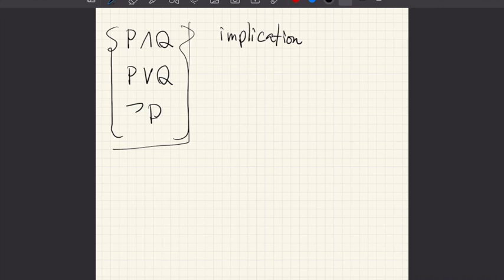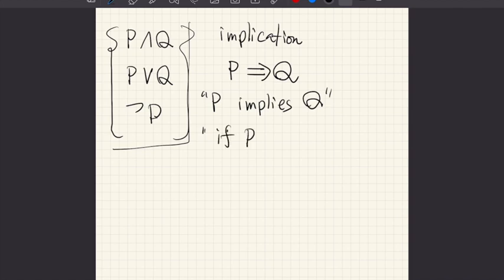But anyway, we write implication as this. So this is to be read as P implies Q. Or you can say if P is true, then Q is true.